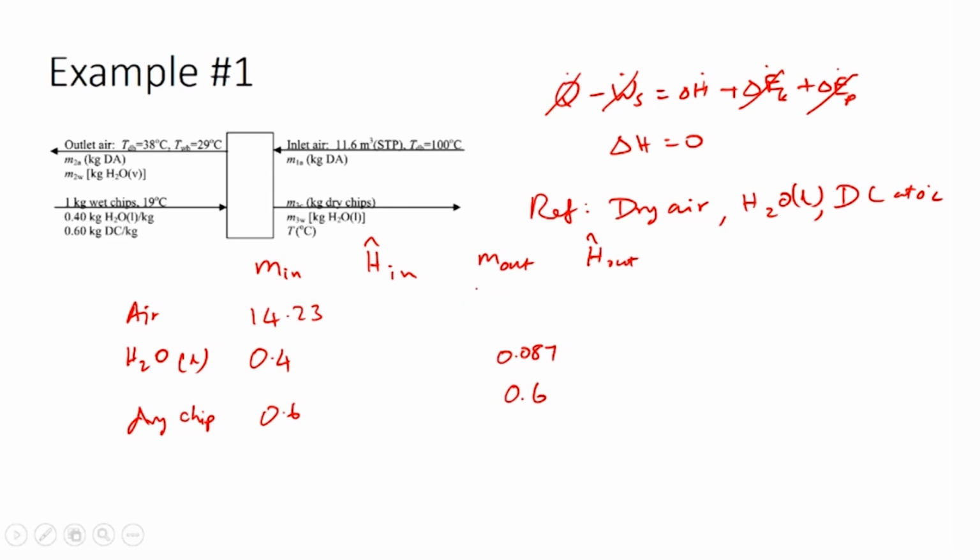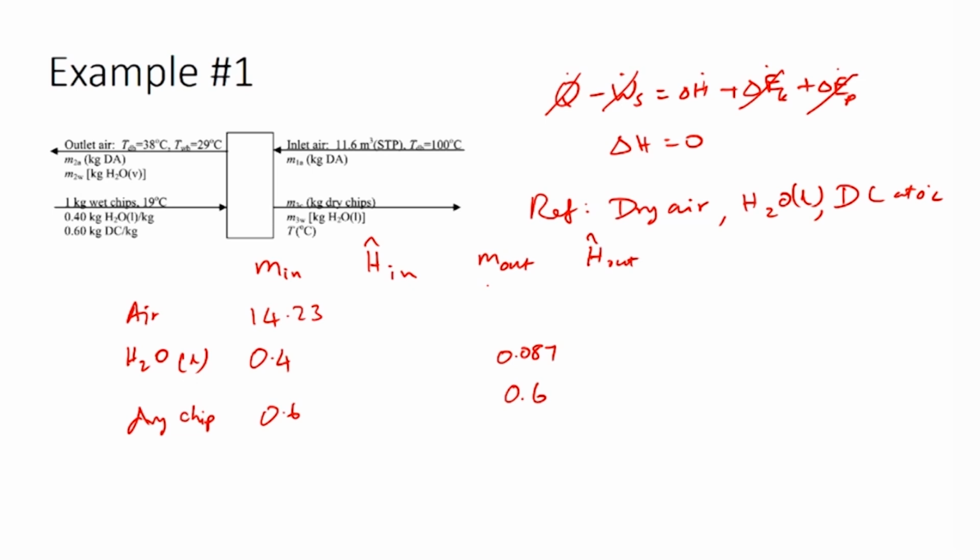Now, for performing energy balance calculations, we also need to identify the mass of air which is leaving the system. This value would again have to be written in terms of mass of dry air, because the enthalpy value we get from the psychrometric chart is given as kilojoules per kilogram of dry air, it is not given as kilojoules per kilogram of humid air.